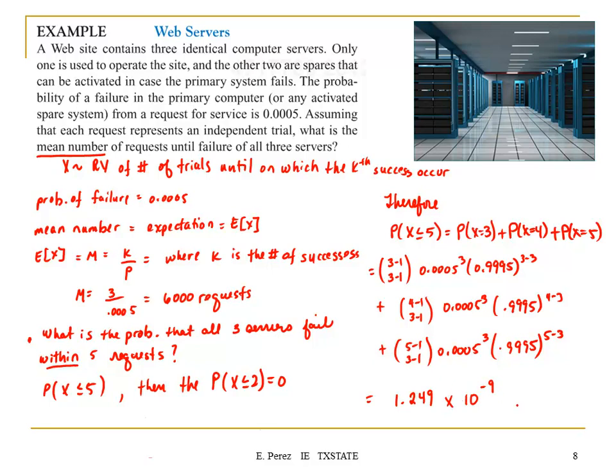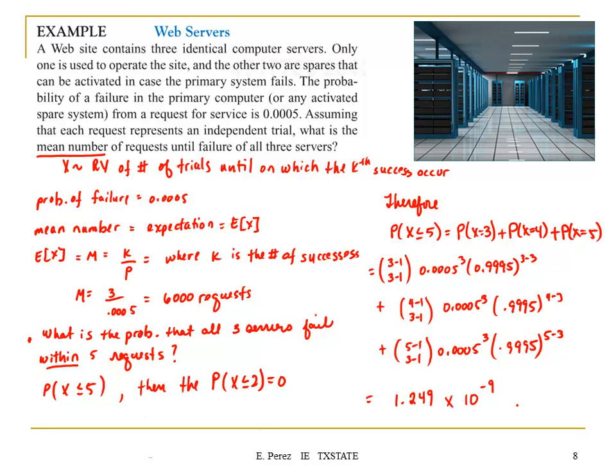So that probability is very small. It's almost 0, or very close to 0. It's 0.00000001 something. Okay? So the probability of having all of them failing within 5 requests is very small. So you will need more than 5.